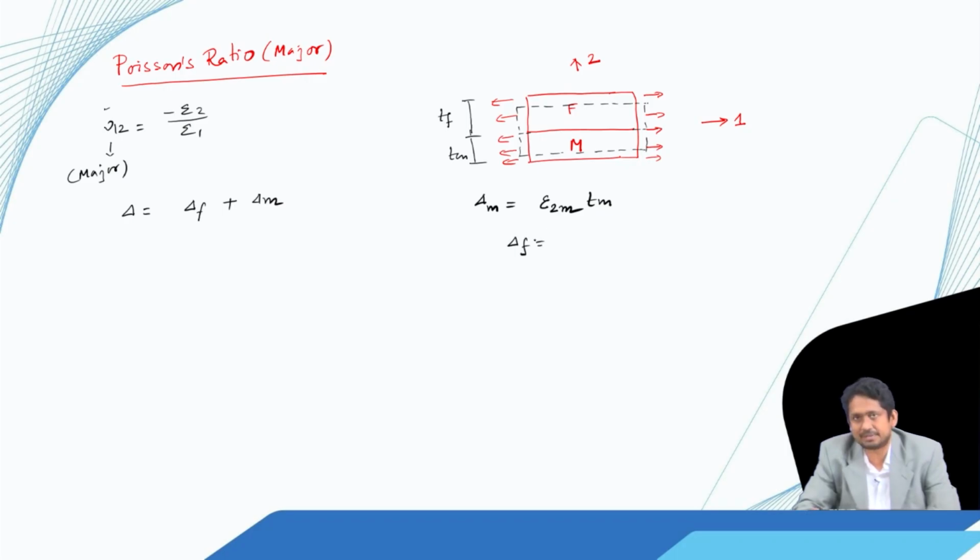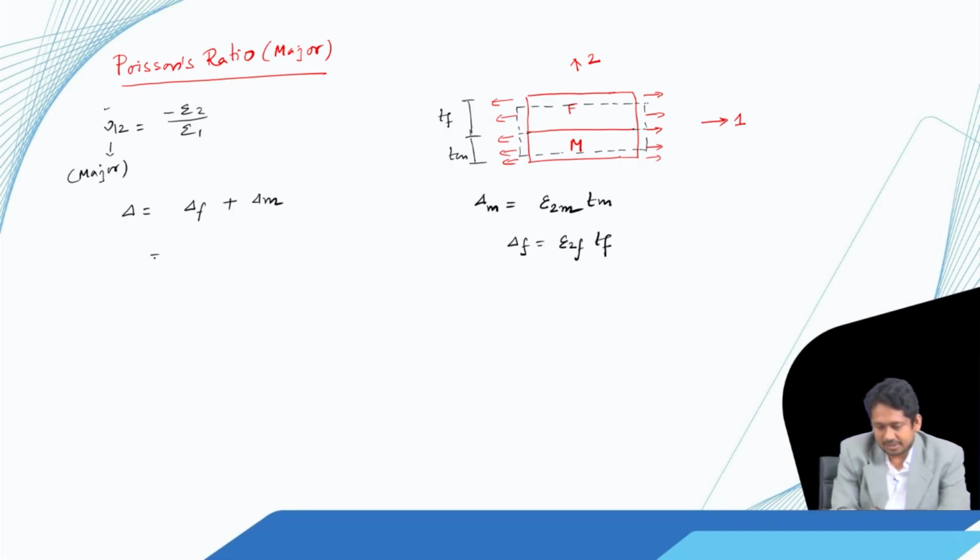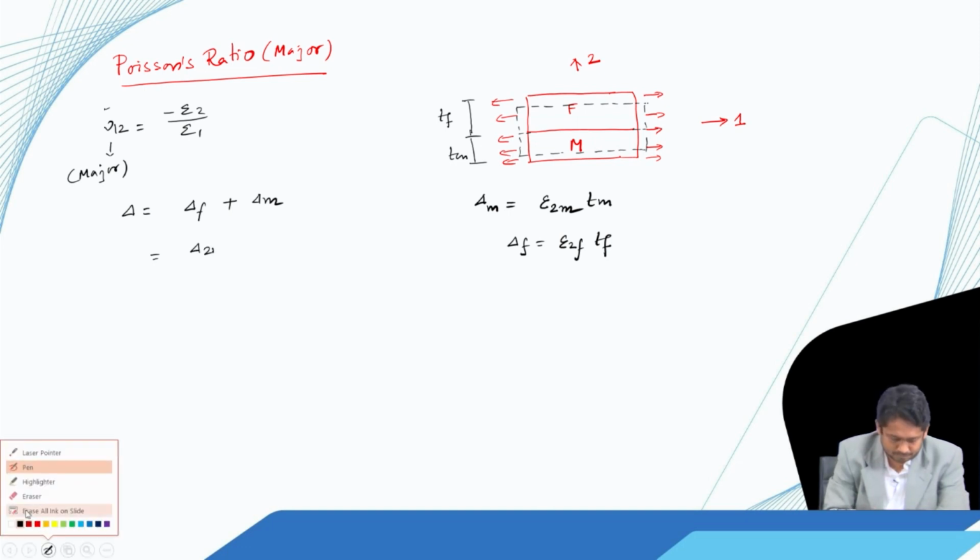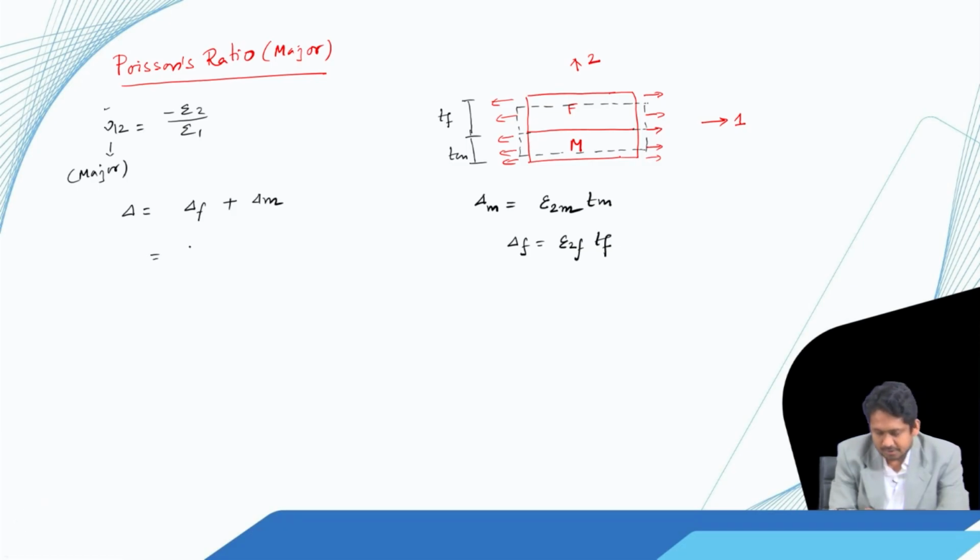Accordingly, delta f is going to be epsilon 2 f multiplied by T f. So, this is our total contraction in the fiber part and the matrix part. If I add them up, we get the total contraction.